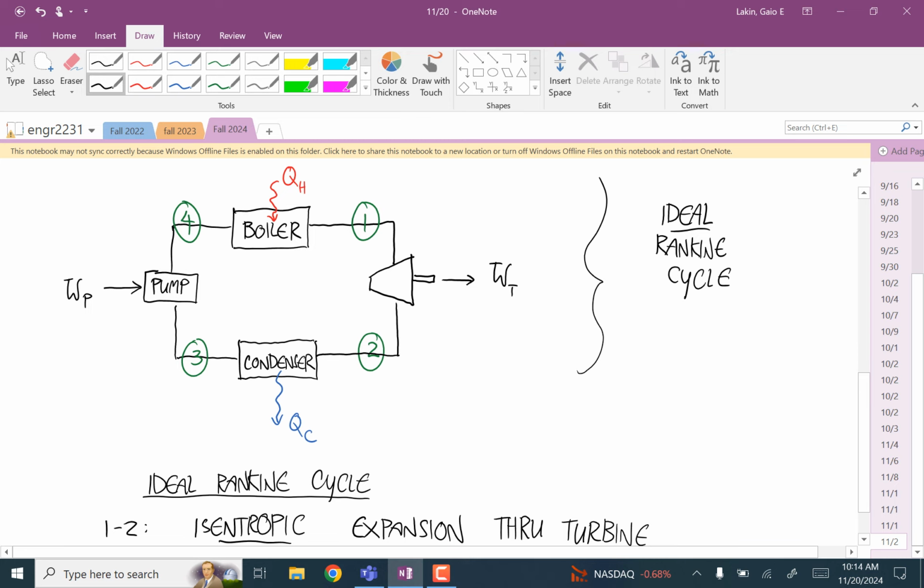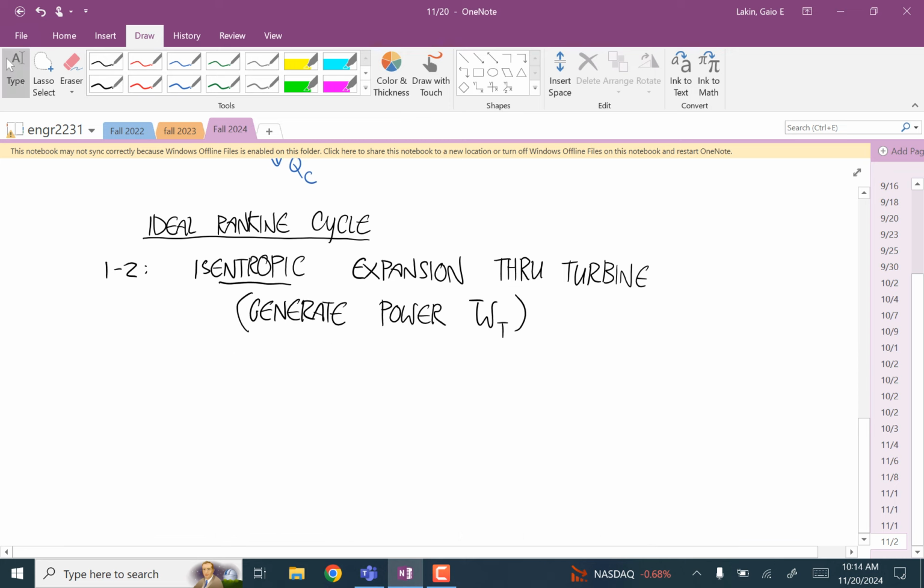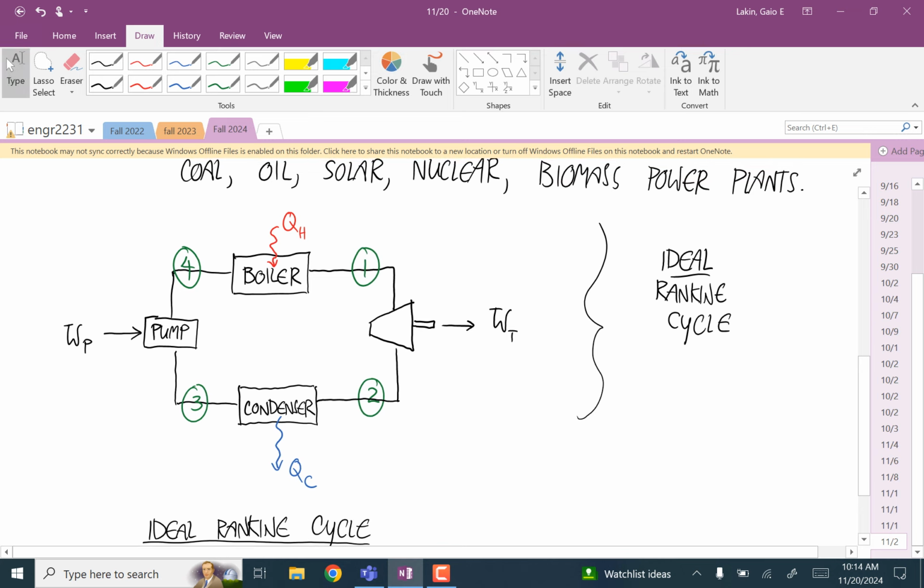But this WP is going into the system. And so the total power that you get out of this, we'll talk about this later. We're getting the power WT minus the power that we have to put back into it, WP. So really what we're getting out is WT minus WP.